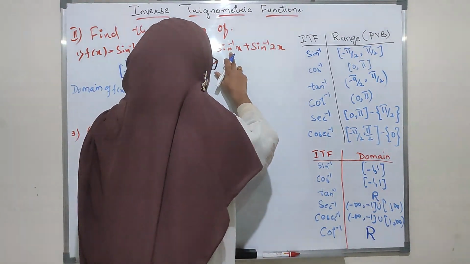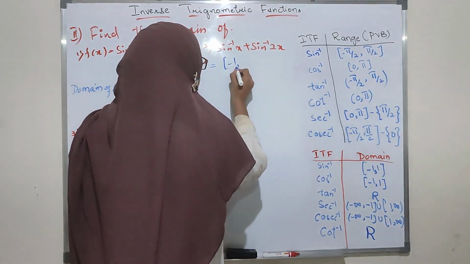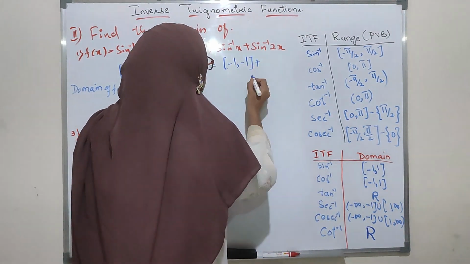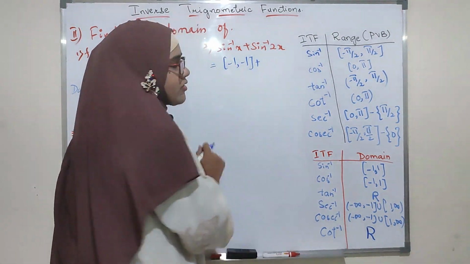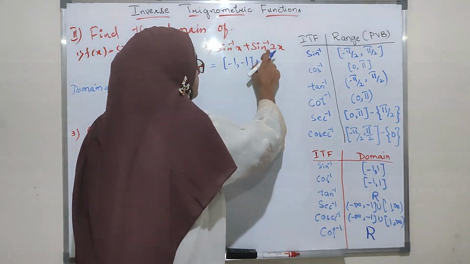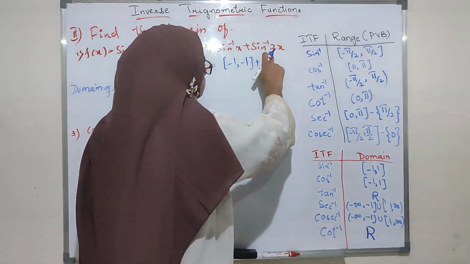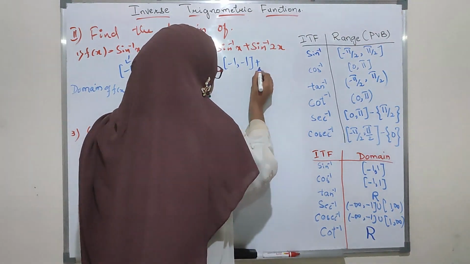Here sine inverse of x is given to you. For sine inverse of x we have the domain as the closed interval minus 1 and 1. Plus, sine inverse of 2x is given to you. For sine inverse of x we can take directly the closed interval minus 1 and 1. But here sine inverse of 2x is given.